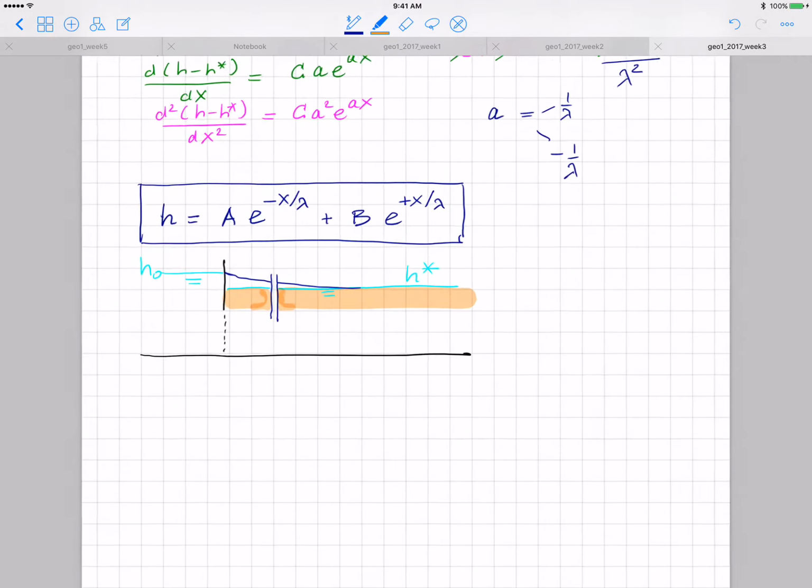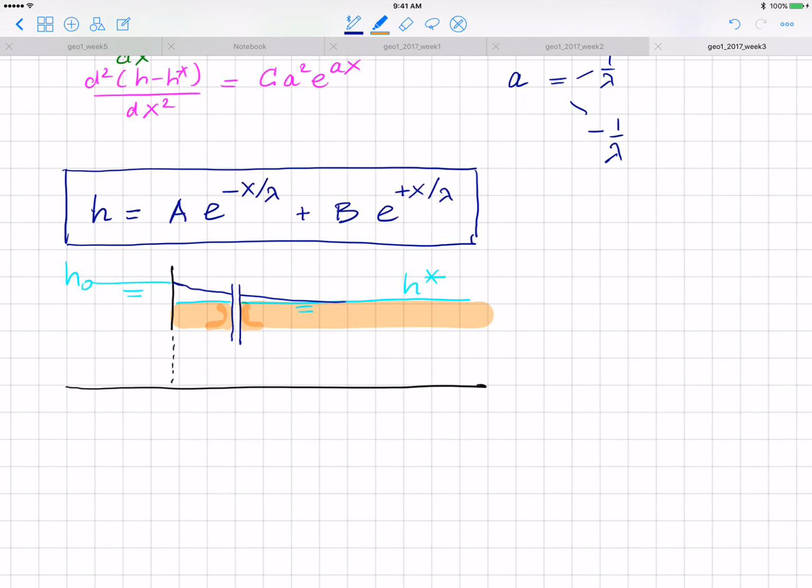If you cut an observation well through the leaky layer, then the water level in that observation well is right where I'm drawing that line of the head. This is the head as a function of x.